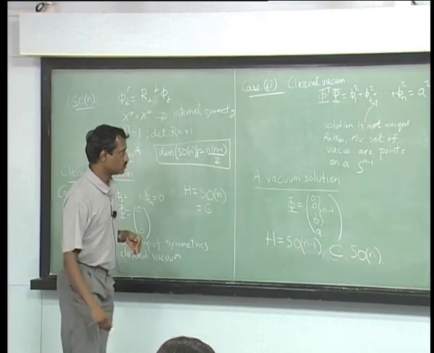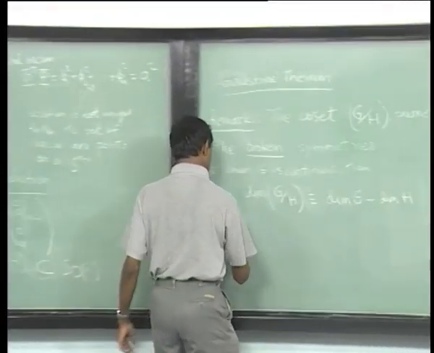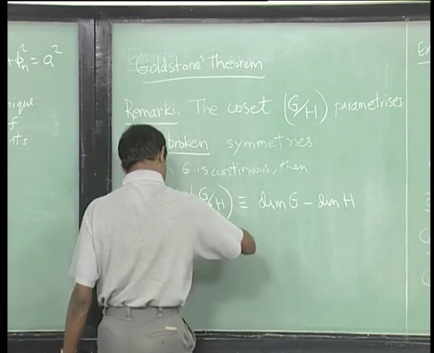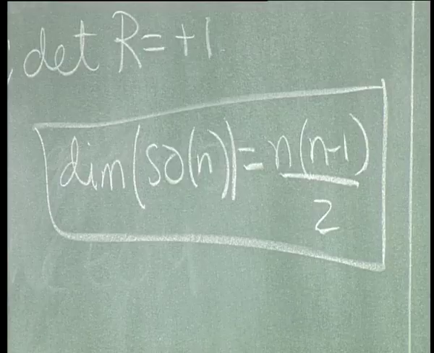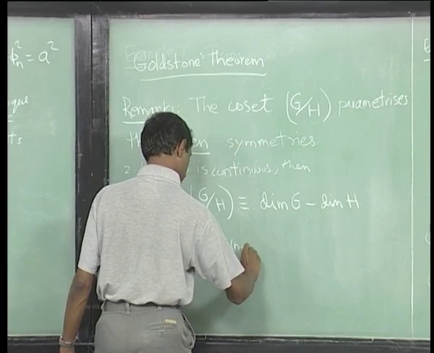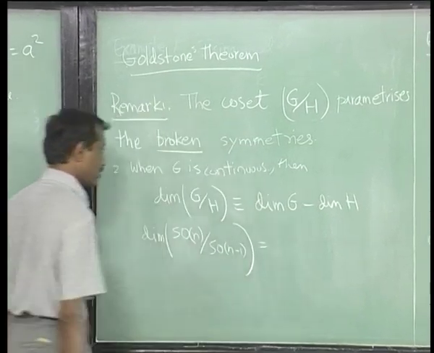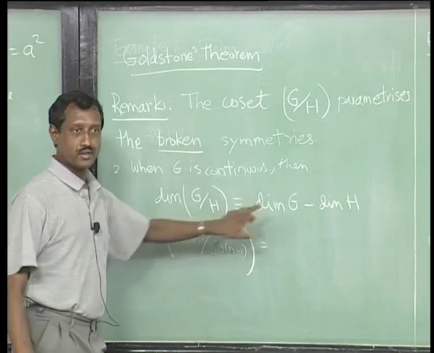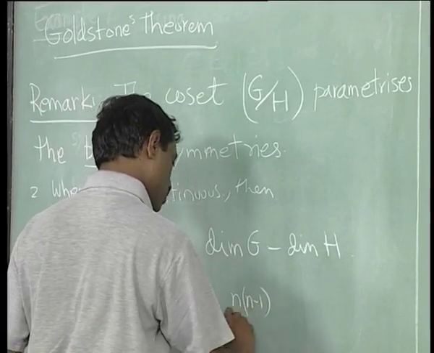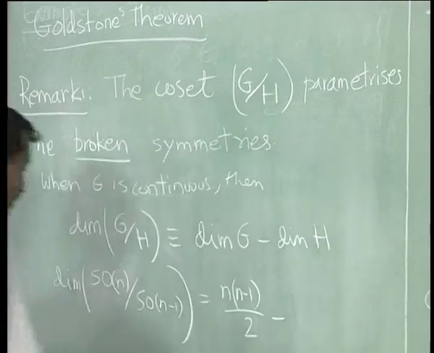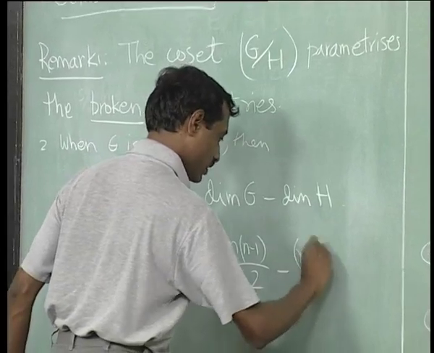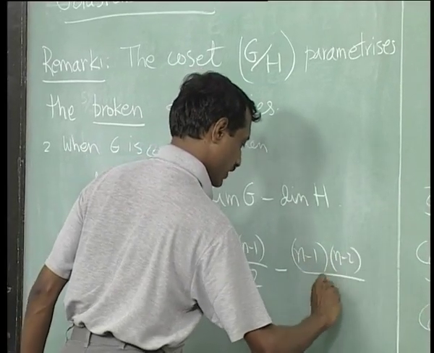In particular, the dimension of the coset should be equal to the dimension of SO(n), which is n(n-1)/2, minus the dimension of SO(n-1). So, I should just subtract, and that will become (n-1)(n-2)/2 subtracted from it.